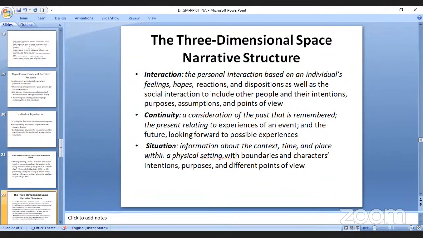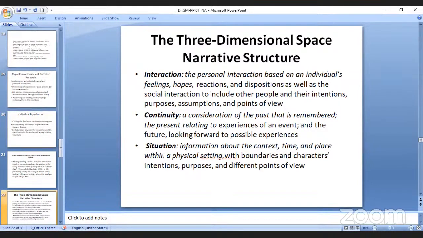Interaction means the personal interaction based on an individual's feelings, hopes, reactions, and dispositions, as well as the social interaction to include other people and their intentions, purposes, assumptions, and point of view. So this is interaction.